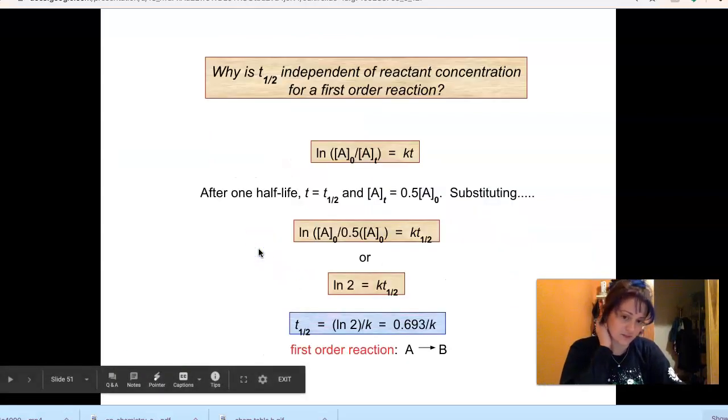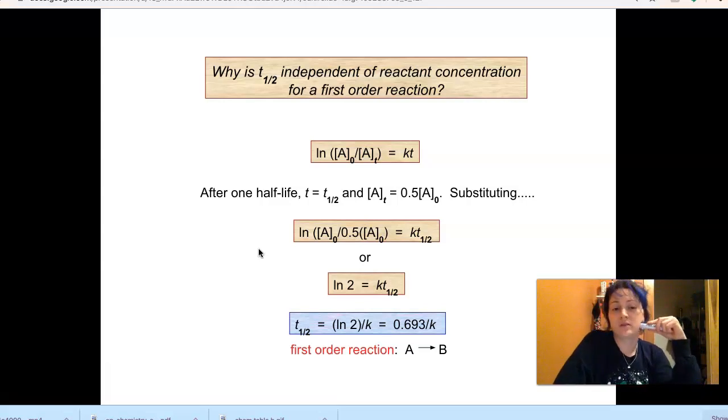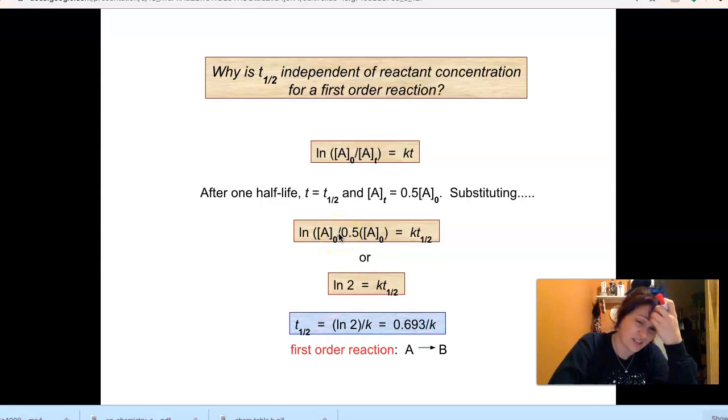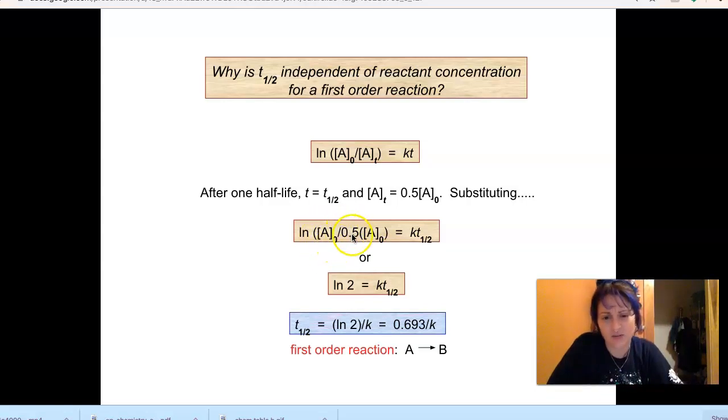Okay, fabulous. Now we know that the first order integrated rate law is the ln function here, right? So when you solve for T1/2 and plug in that 0.5, what ends up happening is you get A naught divided by 1/2 of A naught.